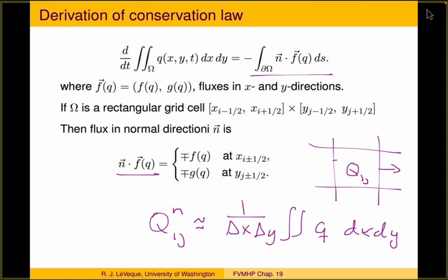Since the flux is in the outward direction, it would be minus f at the right boundary and plus f at the left boundary. And similarly, at the top and bottom boundaries, the outward pointing flux is either g or minus g.